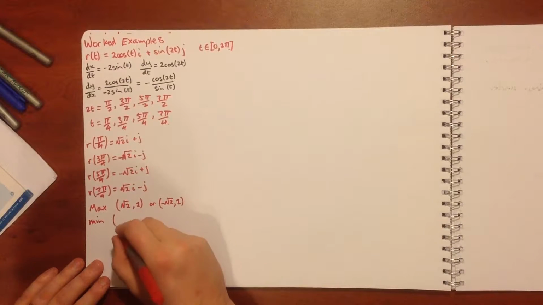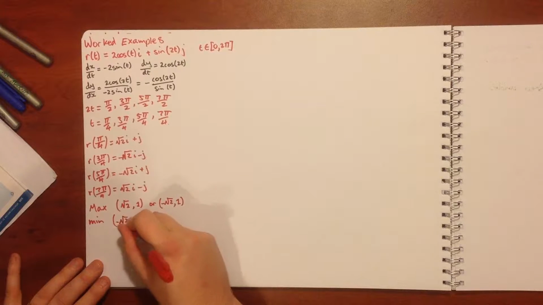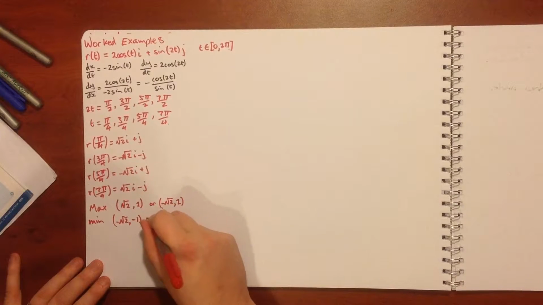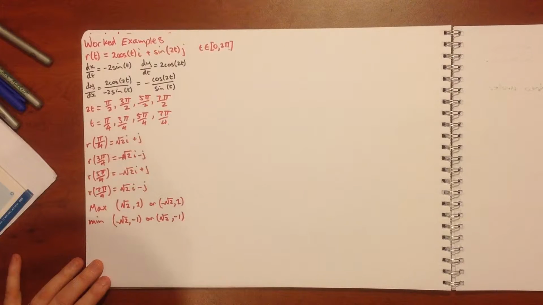And so our minimums are going to be at our (negative root 2, negative 1) or (root 2, negative 1).